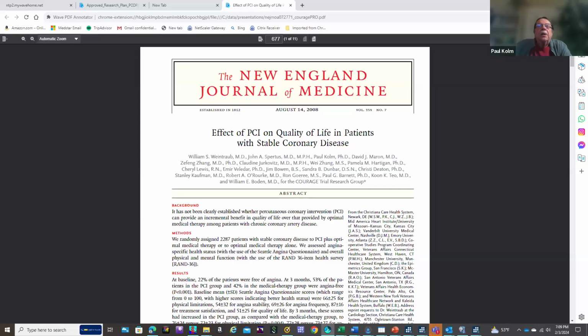And so I wanted to show here just an example of a study where we used linear regression in the analysis. What we're looking at here is the effect of PCI, percutaneous coronary intervention, on quality of life in coronary disease patients.